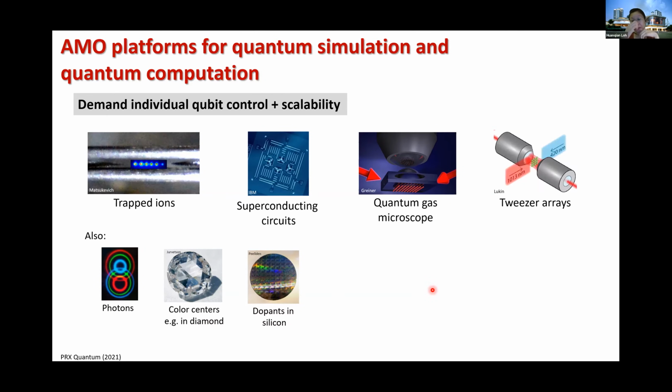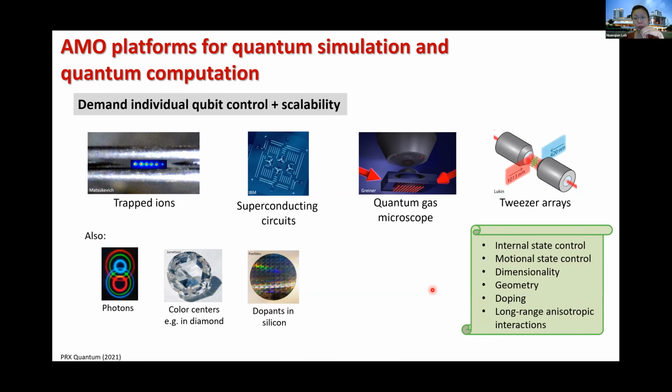But rather, I will introduce tweezer arrays, which, as I mentioned before, are arrays of tightly focused beams where you have single atoms trapped or even single molecules trapped. The key advantages are that there are a lot of things that you can control with these tweezer arrays. You control not only the internal states, but also the motional quantum states by cooling them down, for instance, to the ground motional quantum state using Raman sideband cooling. It has also been demonstrated that with these tweezer arrays, you can generate them in first 1 dimension, 2 dimensions, and also 3 dimensions.